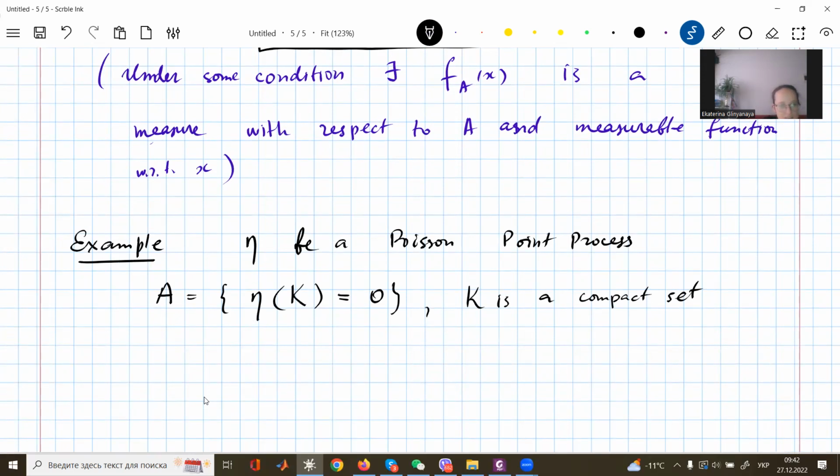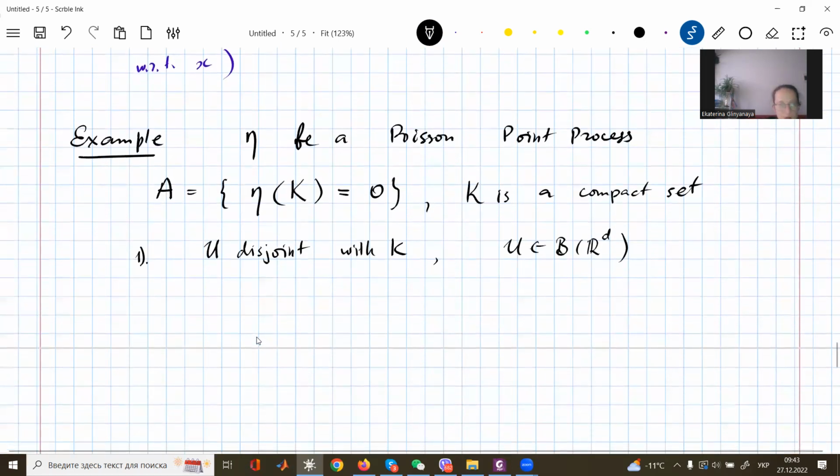Now let us consider several cases, and first I just take U disjoint with K. So this is some subset of R^d.